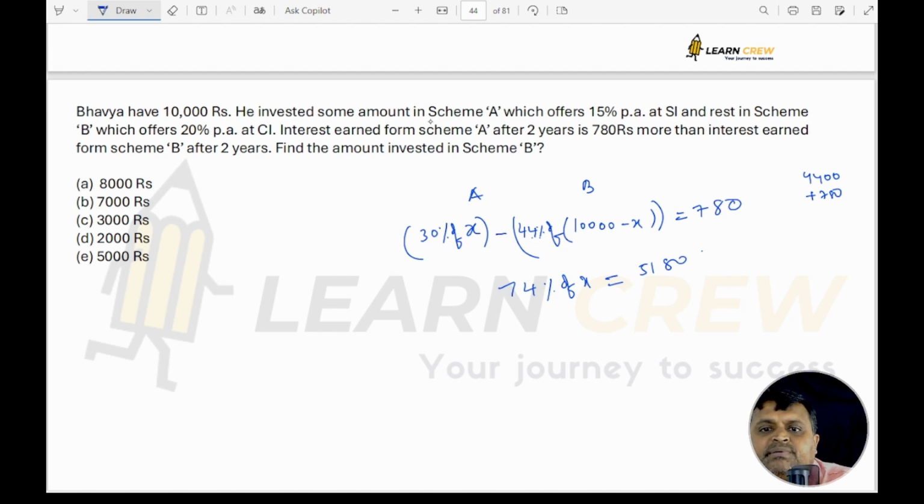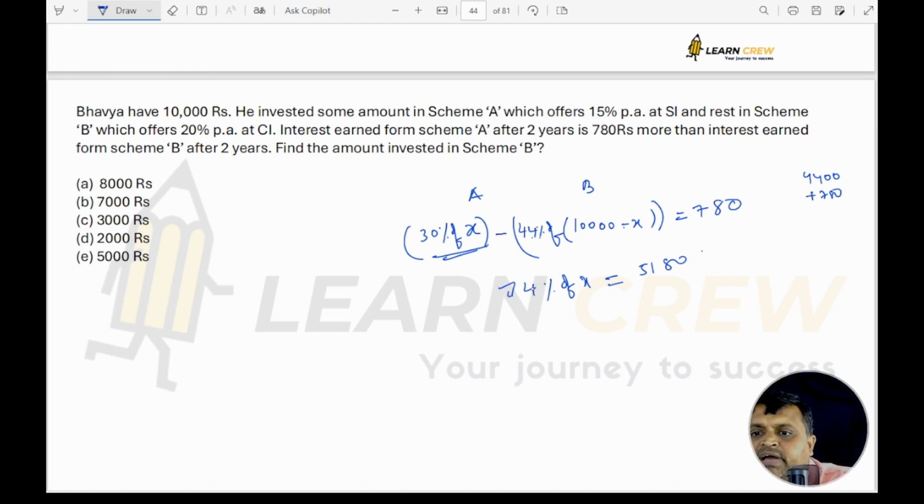He invested some amount in scheme A, which offers 15% simple interest for 2 years, that is 30% of the invested amount, minus 44% of (10,000 minus x). Minus into minus becomes plus.